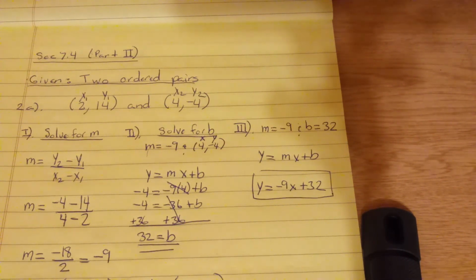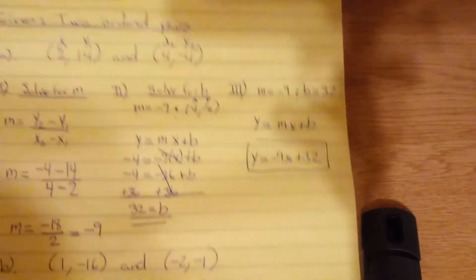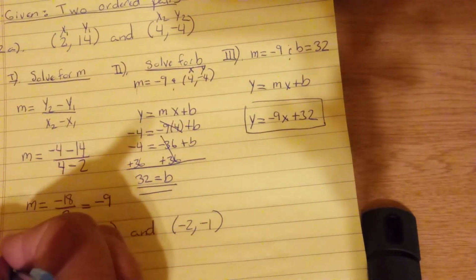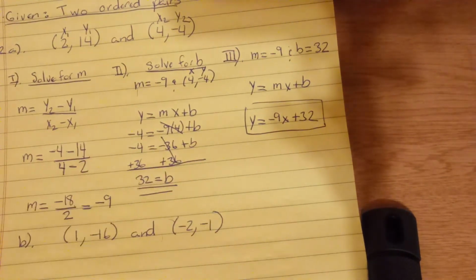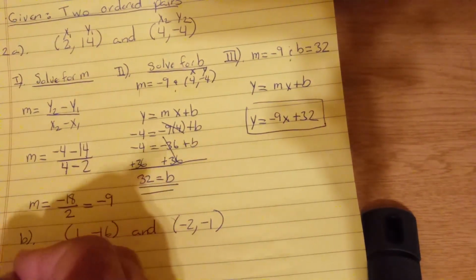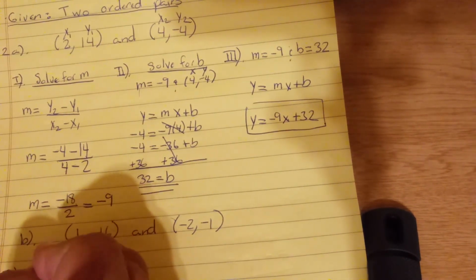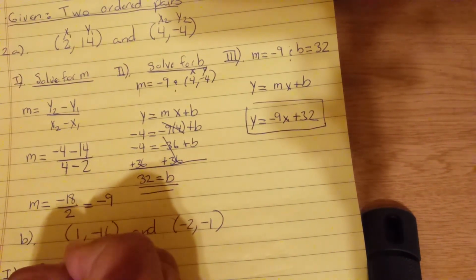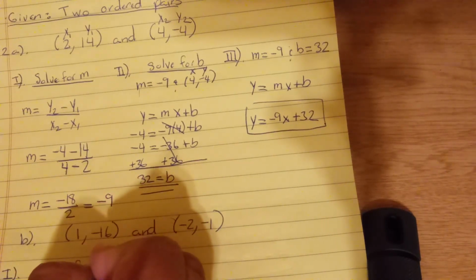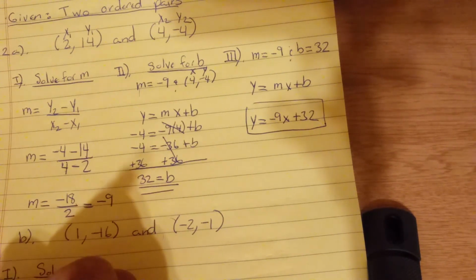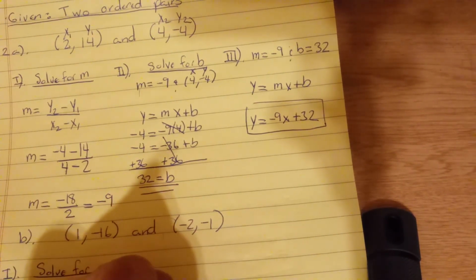Alright, so let's do the second example of this, and let's do it a little bit quicker than this. So once again, what's our first step when we have two ordered pairs? Our first step is to solve for the slope. So solve for m. Once again, that's going to require us to use the slope formula.